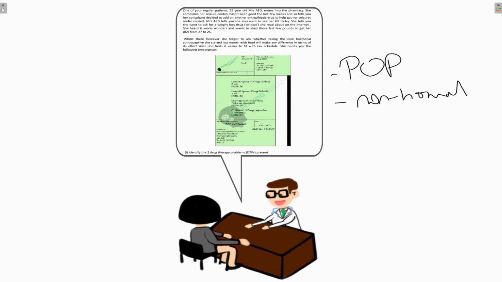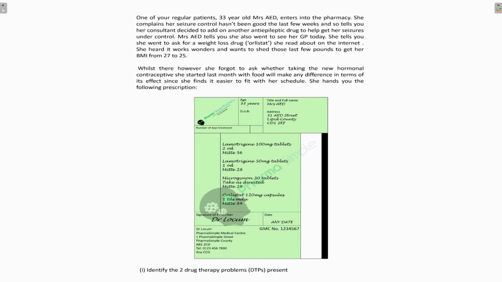Now, our second drug therapy problem, coming back to the prescription, is again a pharmacokinetic interaction, but this time between Orlistat and our lamotrigine, which is our AED, anti-epileptic drug. Now, this interaction aside, she doesn't even fit the minimum BMI criteria of 28 to use Orlistat.